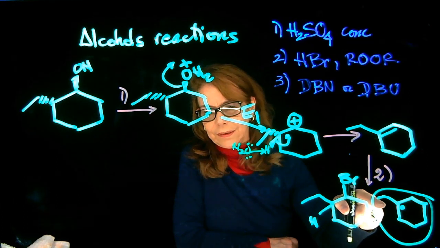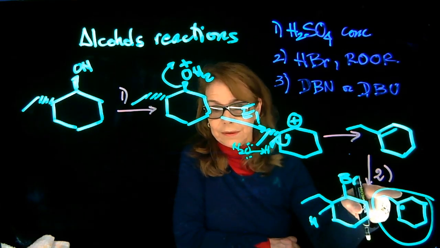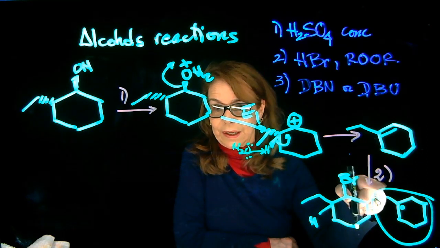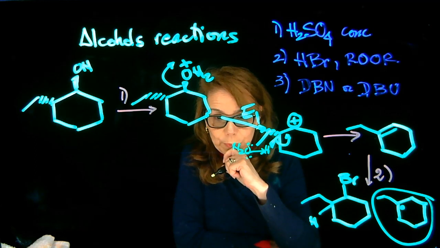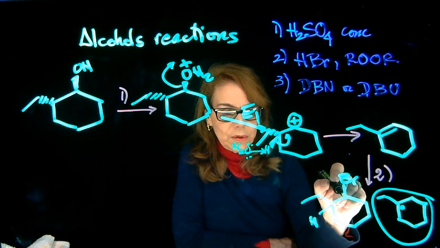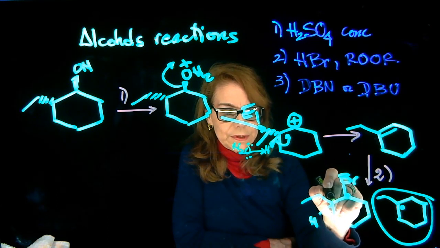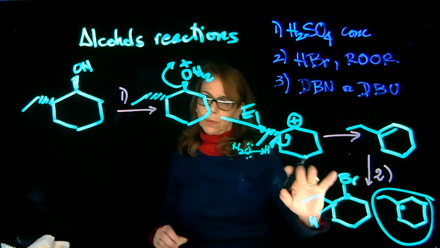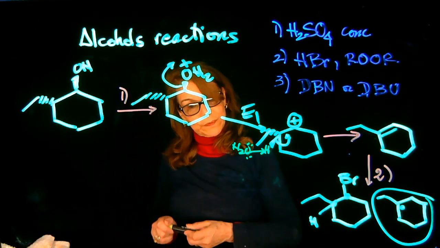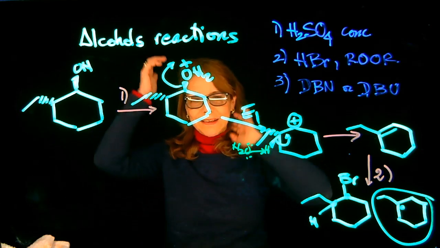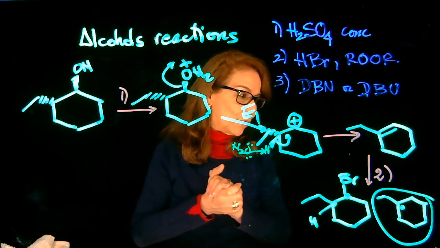So that center will be racemized, and also the other center can have the addition on either side. So you will actually have 4 products with 2 different configurations here and here. That's why I'm not specifying anything at this moment, but if the question asks you how many products, you should be able to draw them.